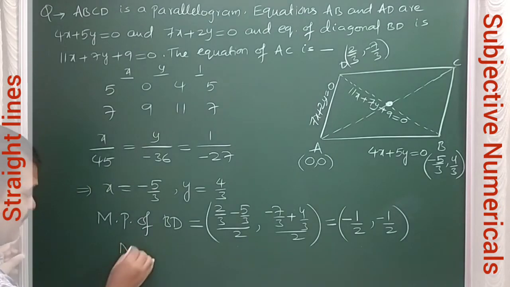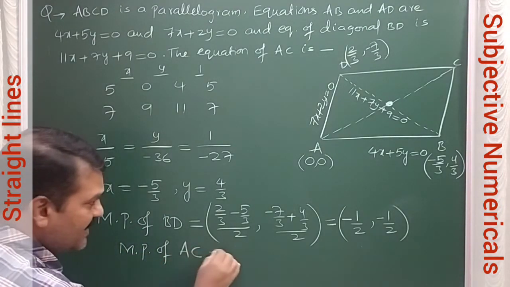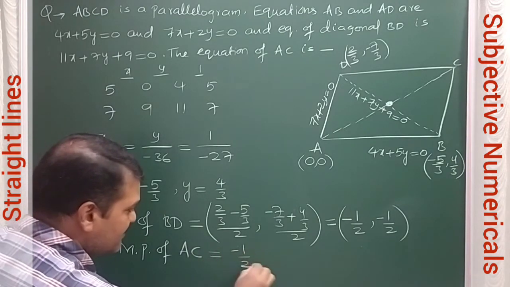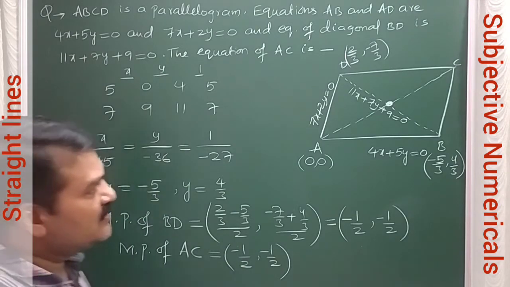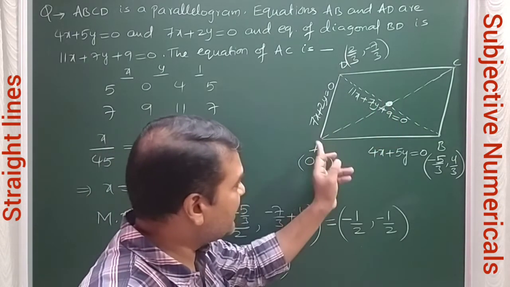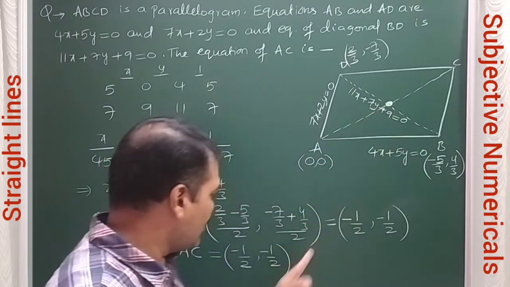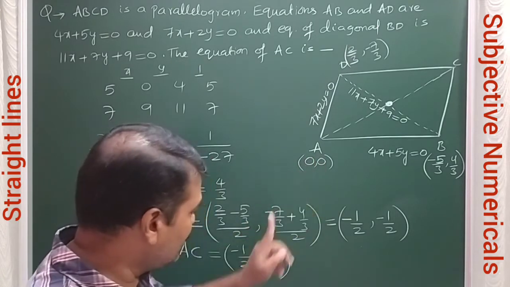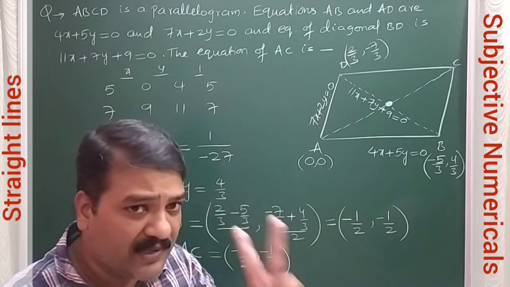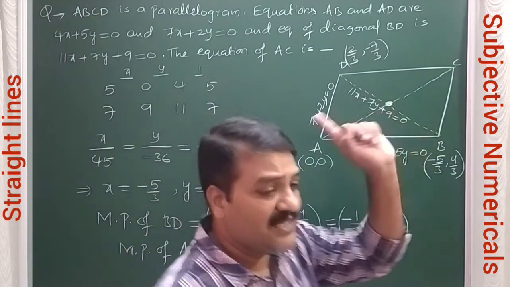So the midpoint of diagonal AC is also minus 1 by 2, minus 1 by 2. So we have 2 points on this diagonal now. We know what A is, and now the midpoint of this diagonal we also got. So using 0, 0 and this point, using the 2-point formula, we can find the equation of this diagonal AC.